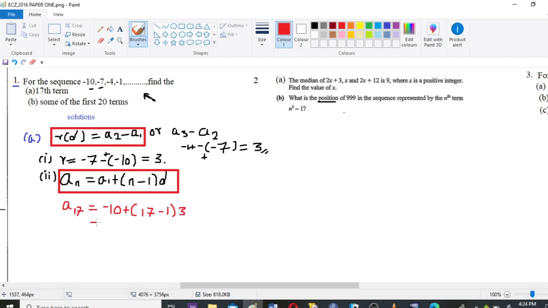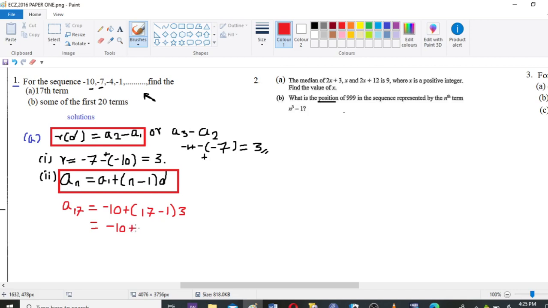So what are we getting here? You are going to have -10, and here you are having 16, that is 17 minus 1. Now 16 times 3, you are getting 48.